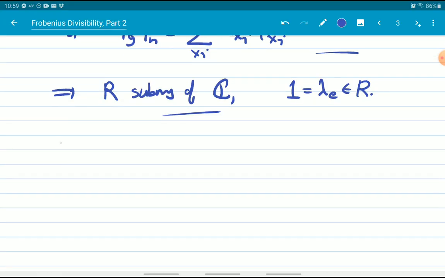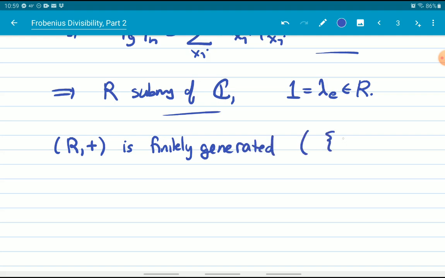Now let's go back and think about this abelian group structure. So this was a subgroup of the complex numbers. This abelian group is finitely generated as an abelian group, because we actually wrote it down by writing down a list of generators, and it was a finite set. But it's also torsion-free. Why is that?